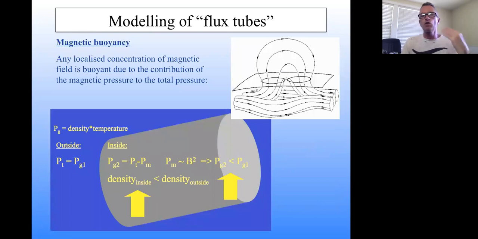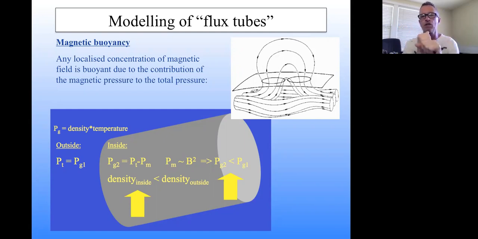Now, this whole tube idea, the emergence of tubes, is thought to be driven in general by magnetic buoyancy. Magnetic buoyancy just says that if I concentrate magnetic field in a localized region, then the magnetic pressure, which is related to the magnetic energy, B squared, contributes to the total pressure. And so if I have magnetic pressure contributing, then the gas pressure decreases. The gas pressure is related to the density, and so the density decreases.